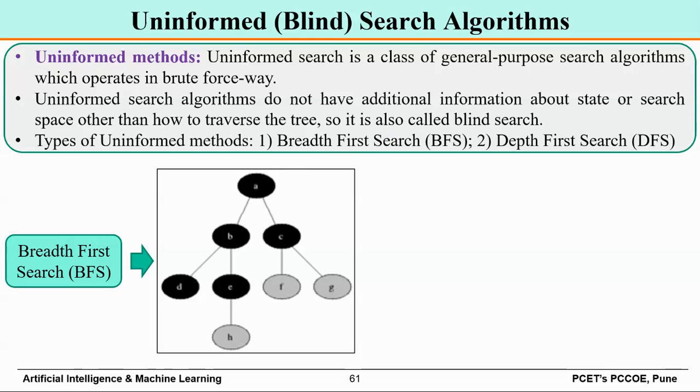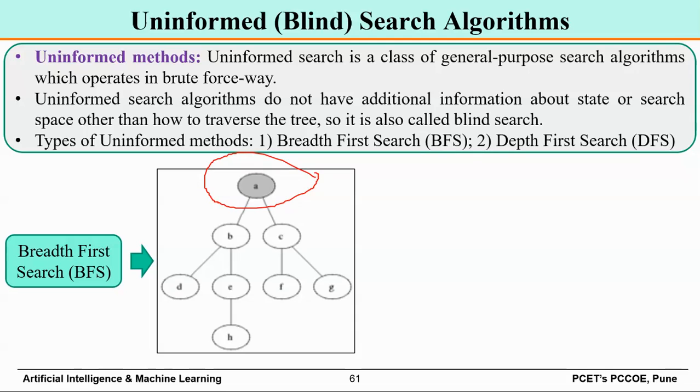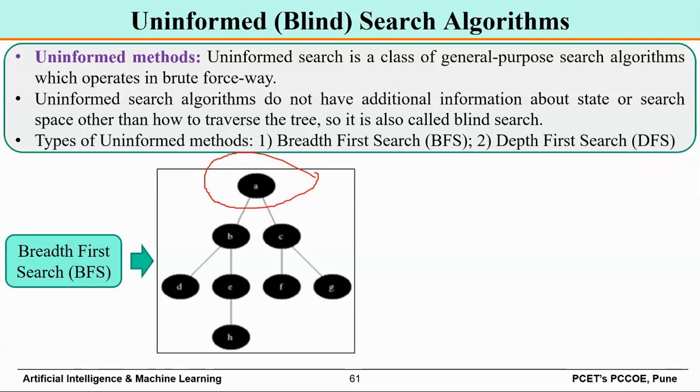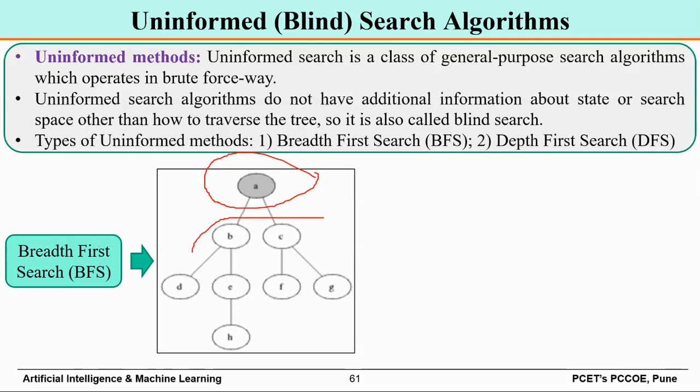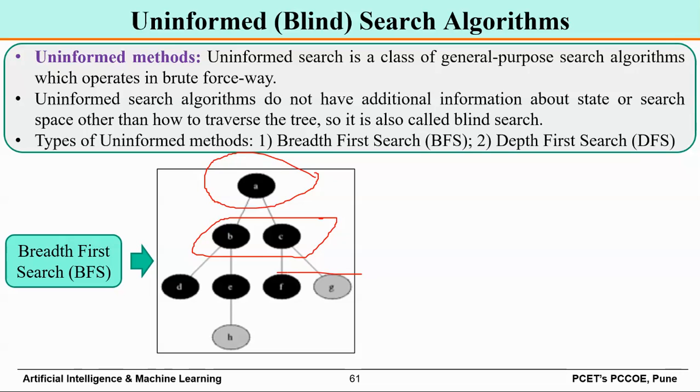Just a minute, I will take a marker. Yeah. So initially one can start from here. So this is the first level, and all the alternatives are evaluated. Then after that the second level of alternatives will be evaluated. Then the third level alternatives will be evaluated.